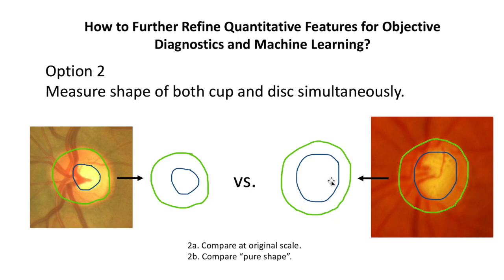Given this, measuring a shape index using ShapeGenie of both of these outlines simultaneously will give very powerful numbers to stratify glaucoma into its stages and likely help us find substages of glaucoma for earlier detection. And with this option, you can compare these shapes at the original scale and you can compare them as pure shape like we did in this presentation. Again, the way ShapeGenie measures shape is quite different from traditional concepts such as area, volume, and perimeter.